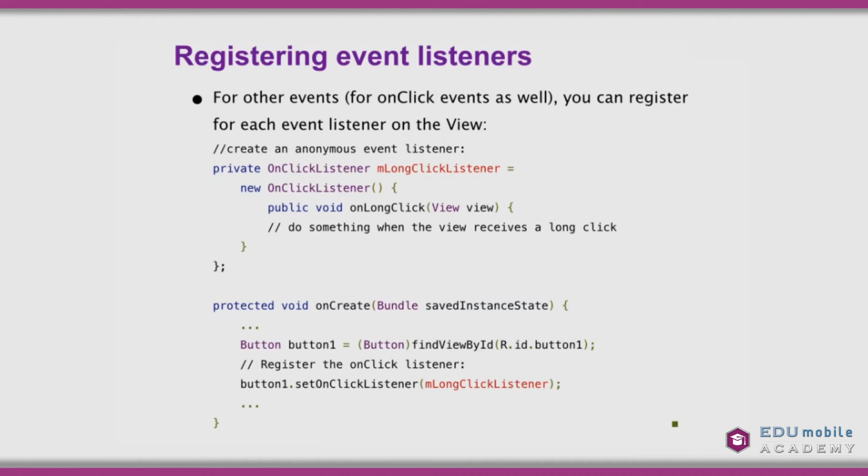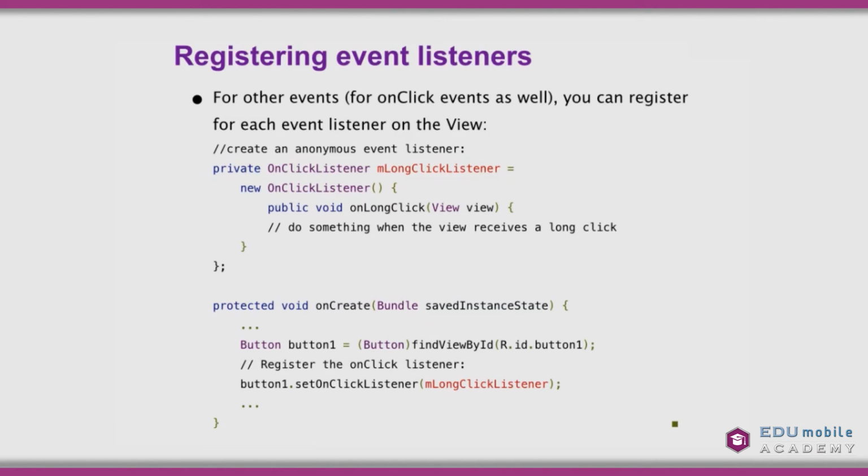We create an anonymous event listener. So first, we set up a private OnLongClickListener, and here I've called it mLongClickListener. We're listening for a long click here, and then we use the constructor of an OnLongClickListener, the default no-arg constructor. But then inside the block, we actually set up the method.